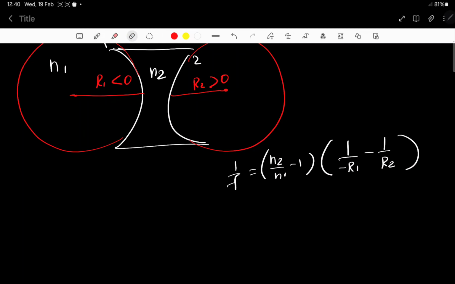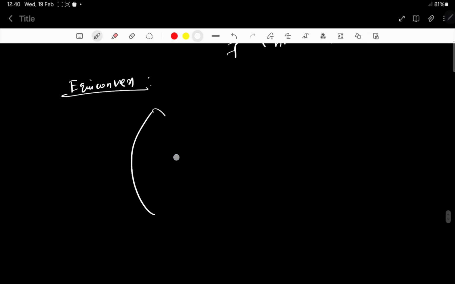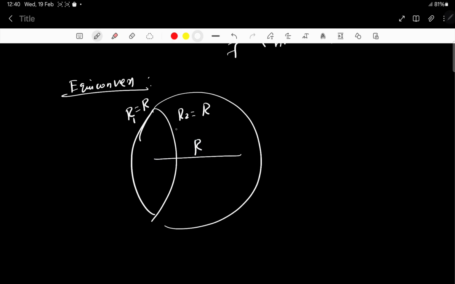Okay, and there is a special case also. For example, we may have an equiconvex lens or equiconcave lens. An equiconvex lens is a double convex lens where both surfaces have the same radius. The value of this radius is identical. But again, as per proper sign convention, R1 is positive and R2 is negative.